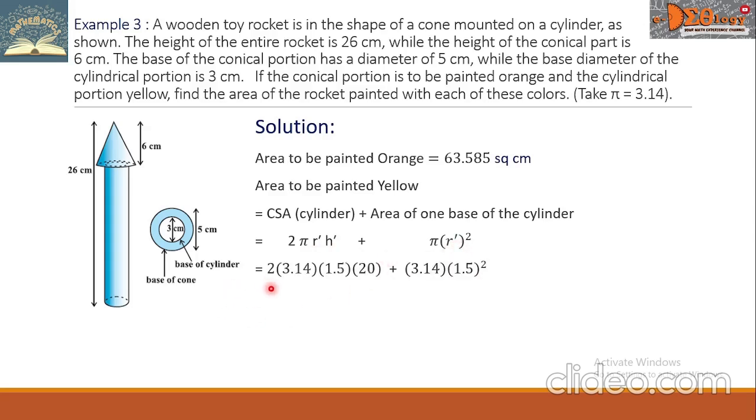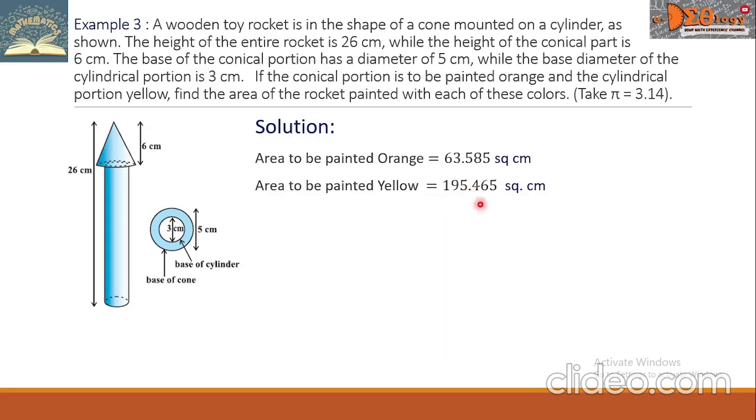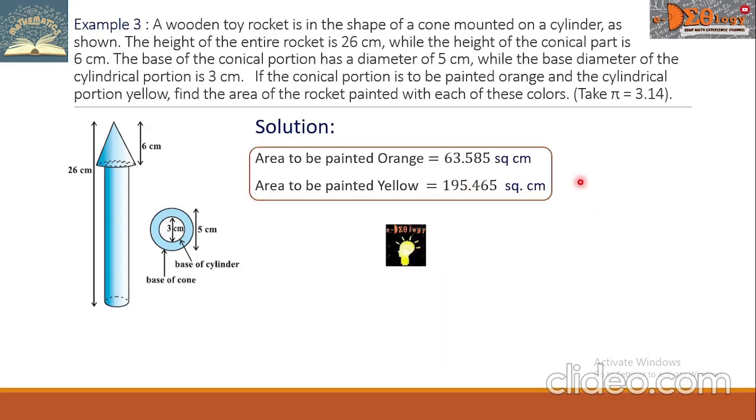We have now 2 times 3.14 times the r prime is 1.5 times h prime is 20 plus pi is 3.14, r prime is 1.5, and this will be squared. When we simplify the groups, we have now 188.4 plus 7.065. And the total is 195.465 square centimeter. This is the area to be painted yellow. These are now the final answers.